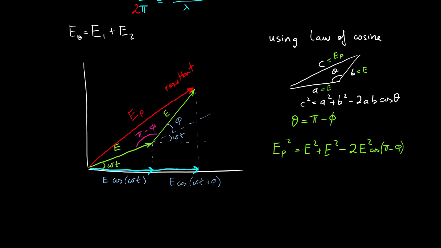And let's recall, cosine(pi minus phi) is the same as negative cosine phi. So my result for EP squared equals 2E squared, and now it will be plus with this negative, plus 2E squared cosine phi.